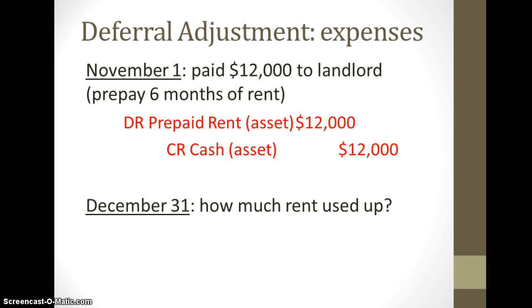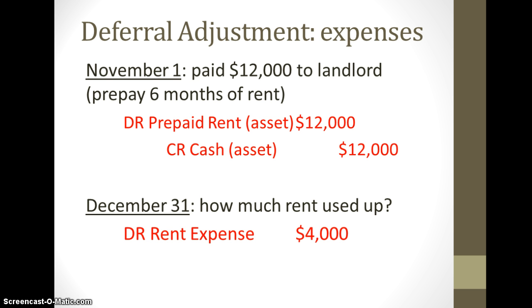But how much in terms of dollars would that be? Well, we gave our landlord $12,000 for 6 months of rent. So therefore, it's $2,000 of rent expense per month. And if we've used up 2 months, then we would have used up $4,000. So how do we make this adjusting journal entry at the end of December?